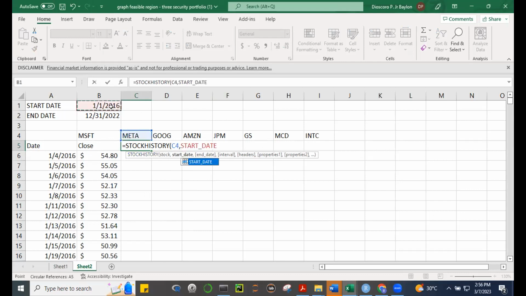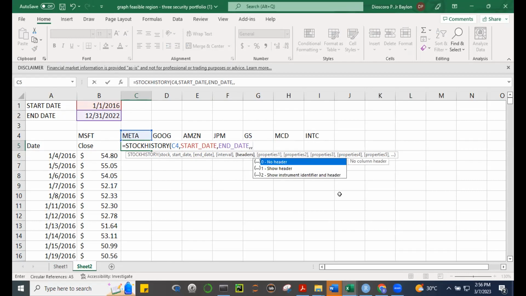That's why I gave this a name, because I'm going to copy this to the right, comma, end date, okay, and then comma. Now, it's different now because here the default is daily, so I will not mind that. Another comma, no header, okay, 0, no header, comma, and then 1.